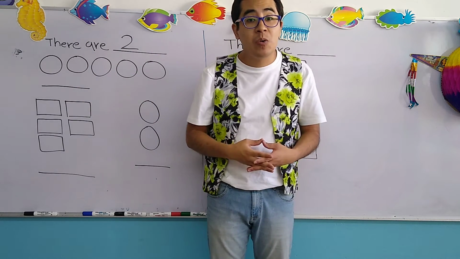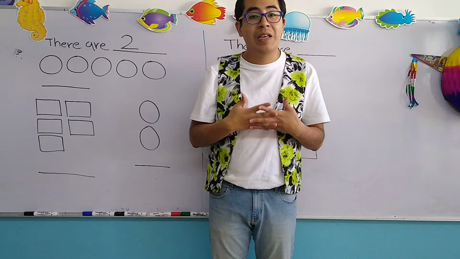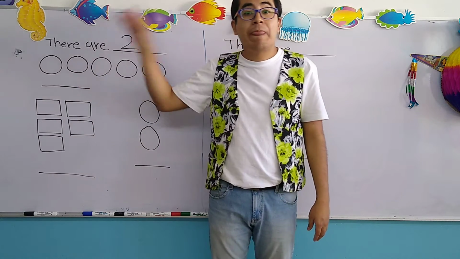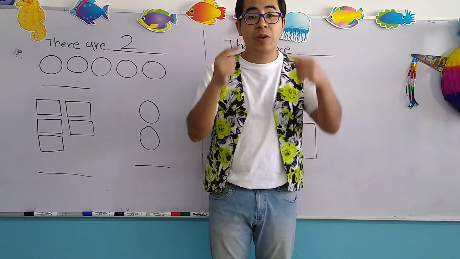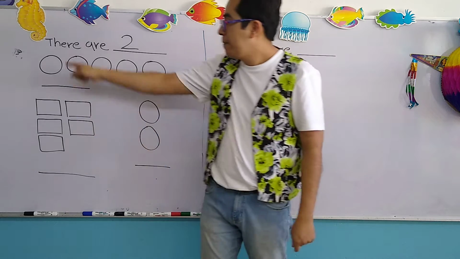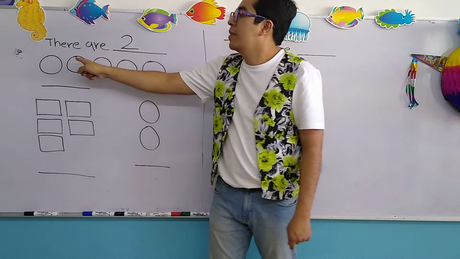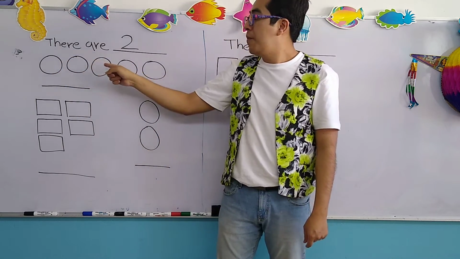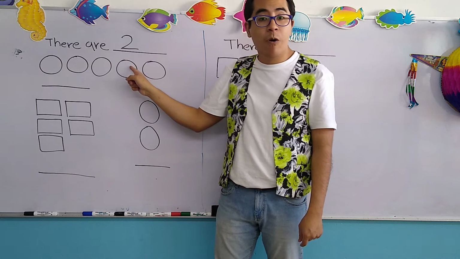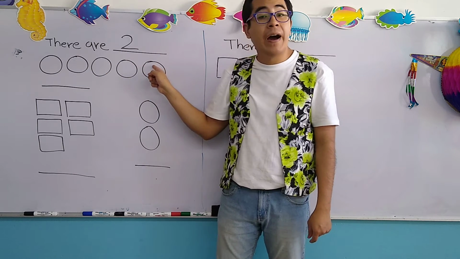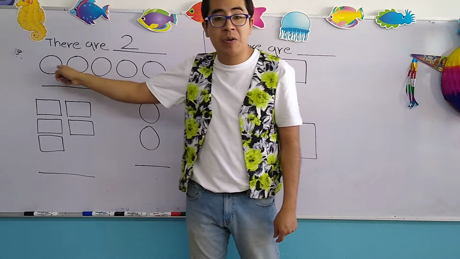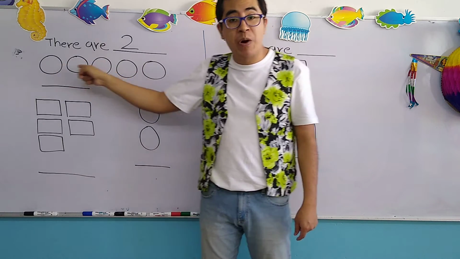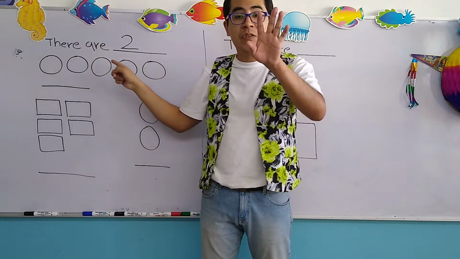Tenemos que contar círculos y escribir el número de total en esta línea. So for this, it's very important that you help the teacher count. 1, 2, 3, 4, and 5. They are 5 circles only on this part. Solo en esta parte, 5 circles.